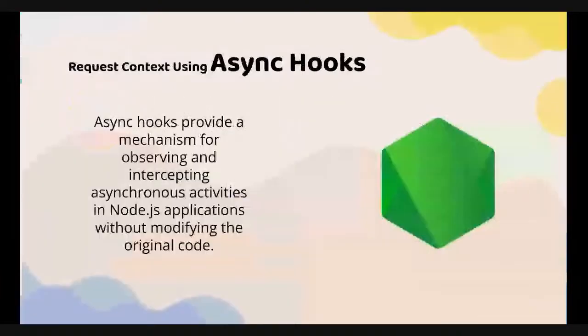Over to Aman for a brief about async hooks. Perfect. So now we know that we have to go with the third approach, where we create a context and get the data from there without needing to pass it down like the prop-drilling problem in React. How can we implement it? We can do it by using async hooks.